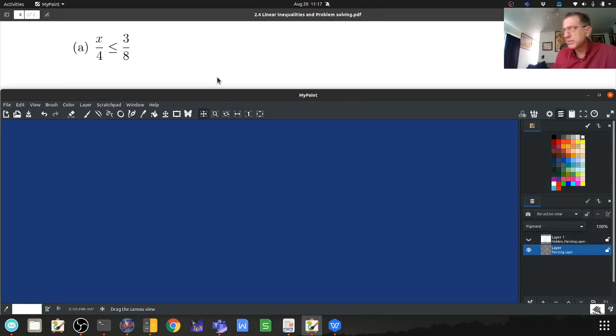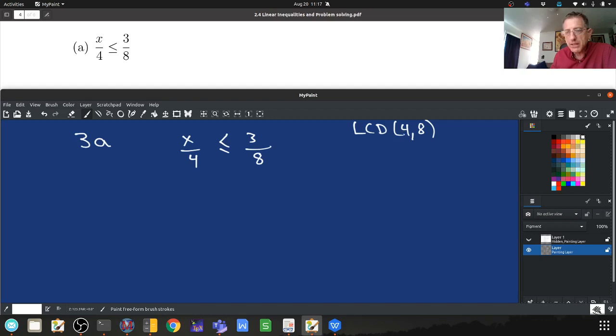So this is 3a. I have x divided by 4 is less than or equal to 3/8. So what do I say? We treat these just like they're equations. They're inequalities, not equations. So I find the least common denominator of 4 and 8.